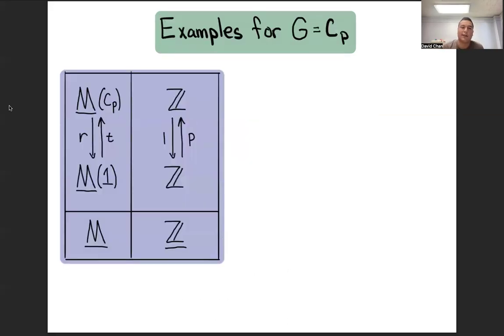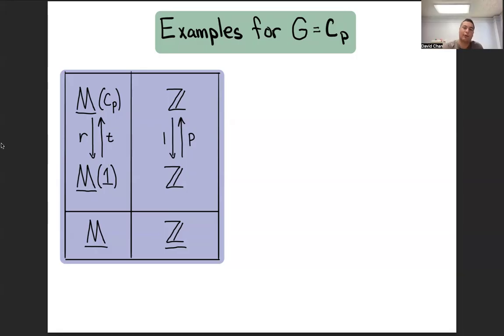I'm always going to draw these in the following way. Here the group is C_p, the cyclic group with p elements. So there's only two subgroups, so I only have two groups: M of 1 and M of C_p. There should be an action of the group C_p on M of 1 and no action on the top level, M of C_p. I have the restriction map and the transfer map.